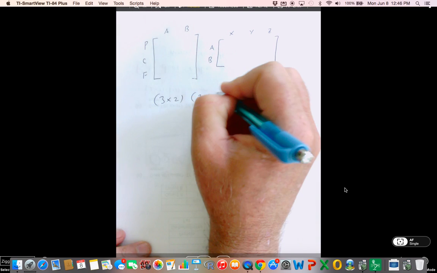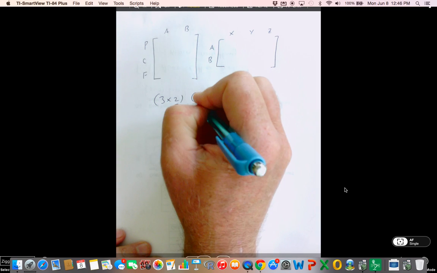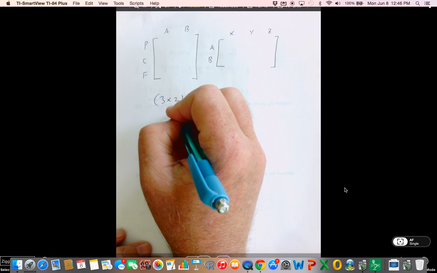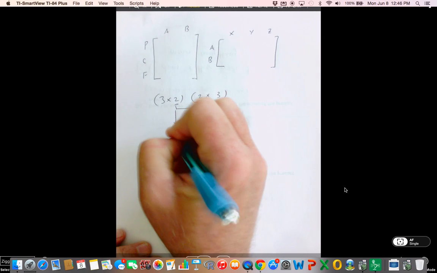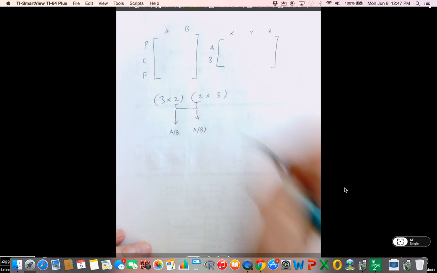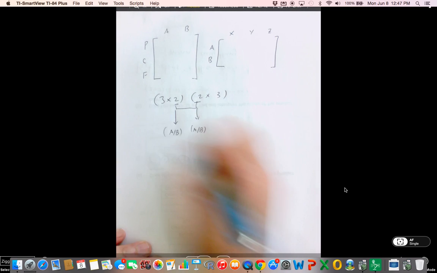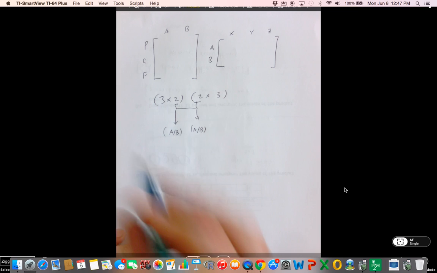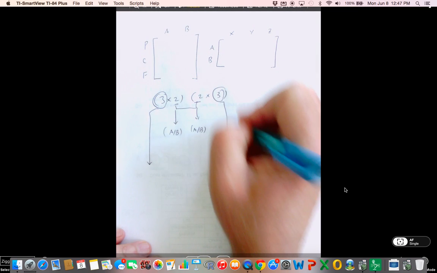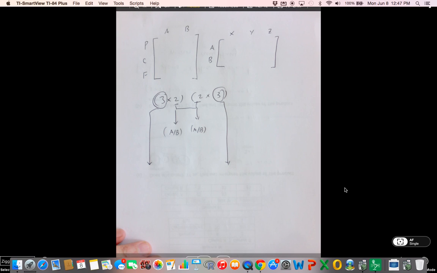We have a 2 by 3, so this stuff all matches out. But not only does it have to match out in number, it has to match out in what it's measuring. If it does, then our product matrix comes from these two things.